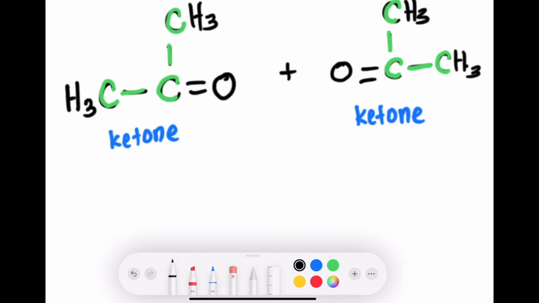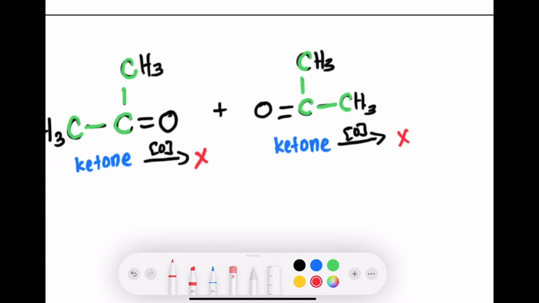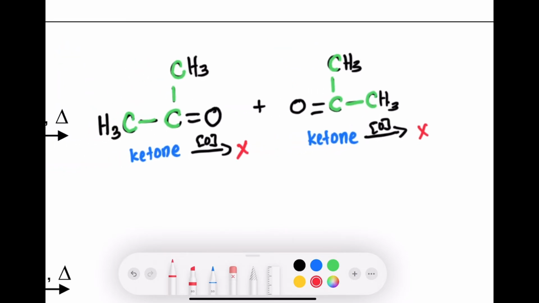So usually we write it like this. This is the symbol of further oxidation, meaning the reaction will undergo more oxidation. But a ketone cannot be oxidized, so there will be no next product formed. So it will stop here. That's why you will only get ketone.